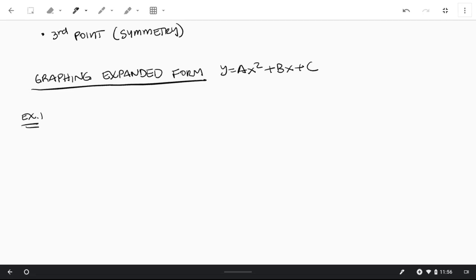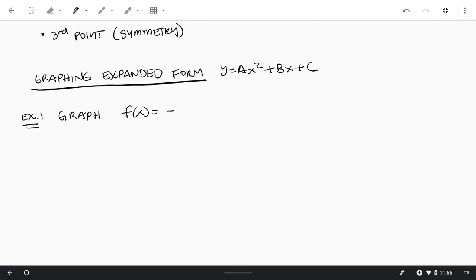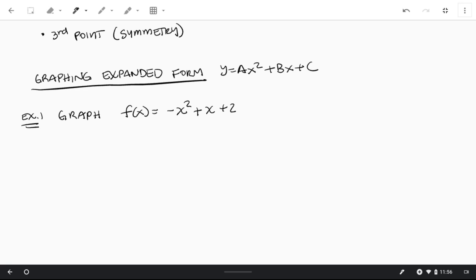Okay, so let's go ahead and graph f of x equals negative x squared plus x plus 2. So here we see, because a is -1, it's going to be a parabola that opens downward.